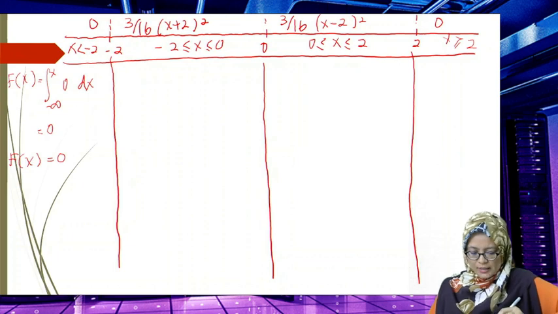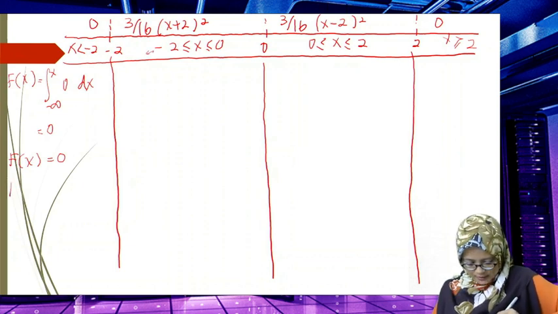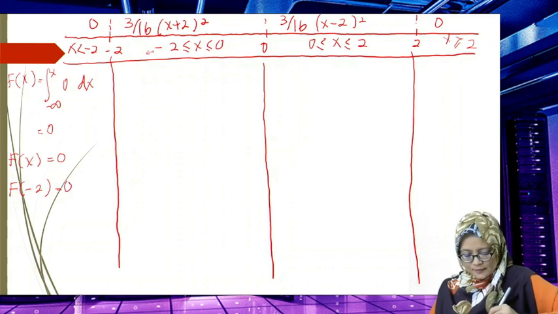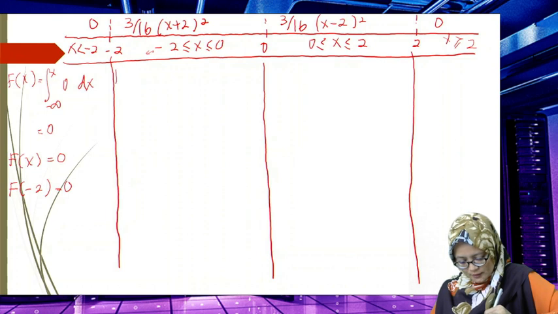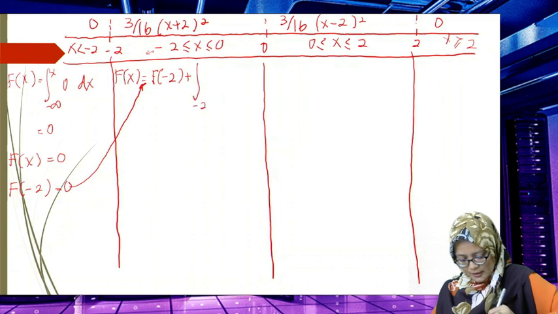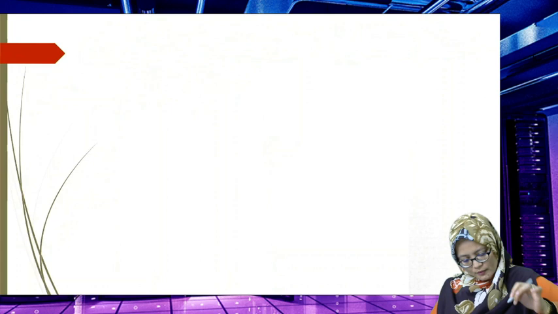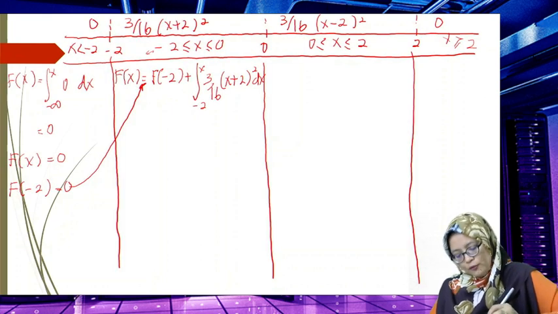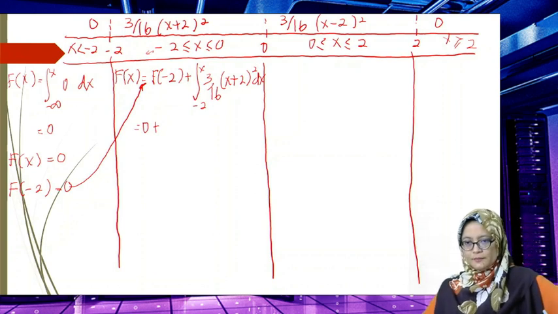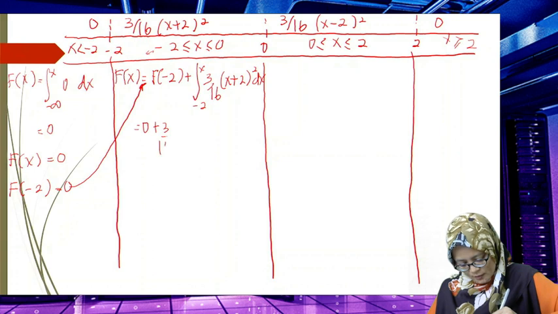Okay, so when we go to the second interval, we look at the value -2 here. We substitute x as -2. Since the function above is 0, we get 0. Okay, so we go to the second interval. This goes here: F(-2) plus the integral from -2 until x of the function 3/16 (x plus 2) square dx. So F(-2) is 0. So we integrate the function 3/16. Okay, 3/16 is a constant.